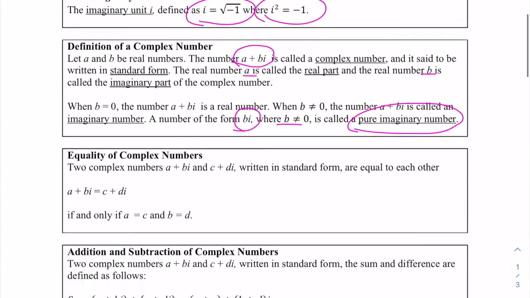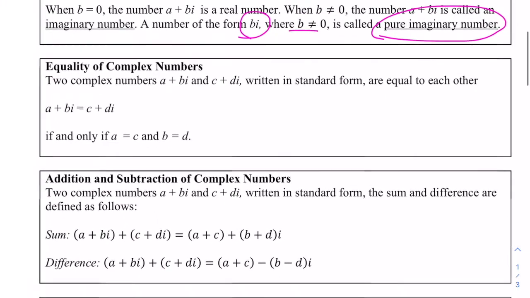With imaginary numbers, we can complete operations just like we do with regular numbers. If we have an equality, such as a plus bi equals c plus di, we need to make sure that the real part equals the real part of the other complex number, and the imaginary part equals the imaginary part of the other complex number.